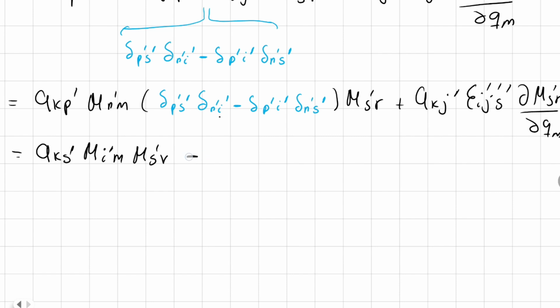What are we going to get? Well, this P is going to be switched for an I, so we get A K I prime.